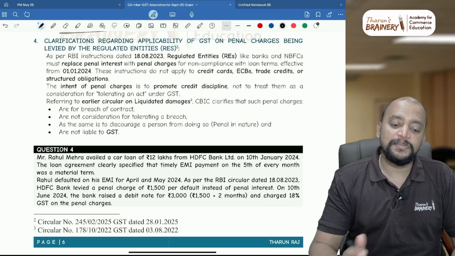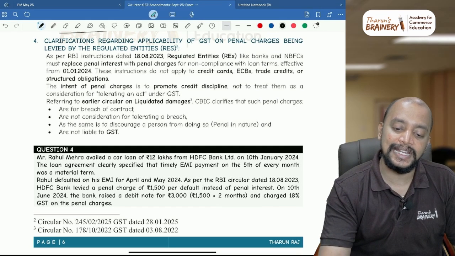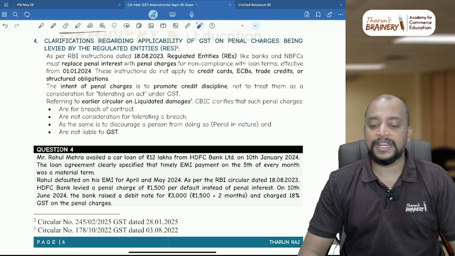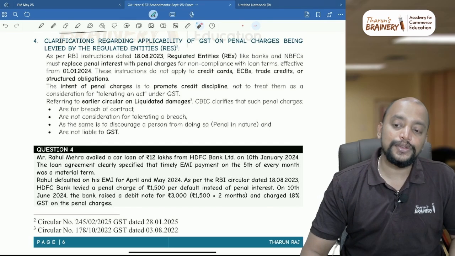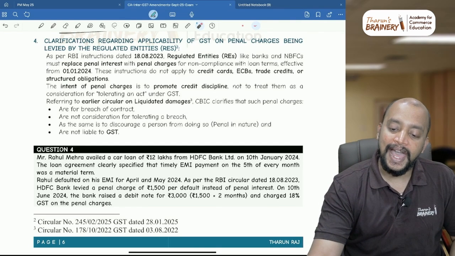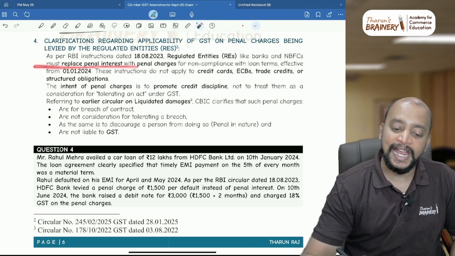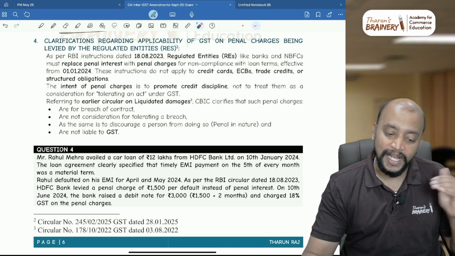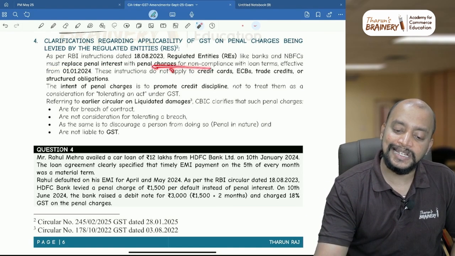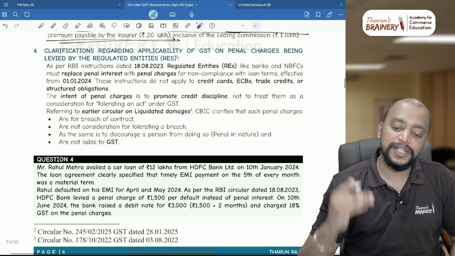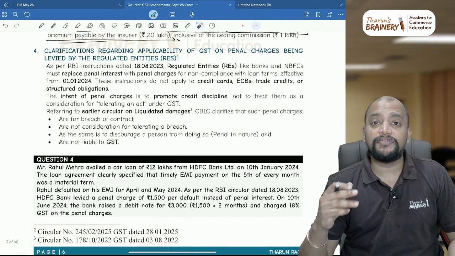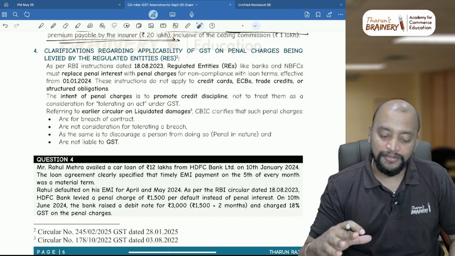See this. As per RBI instructions dated 18/8/2023, regulated entities, like banks and NBFCs, must replace penal interest with penal charges for non-compliance with loan terms effective from 1/1/2024.